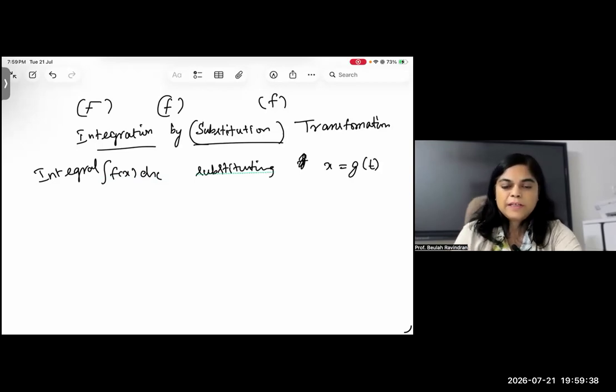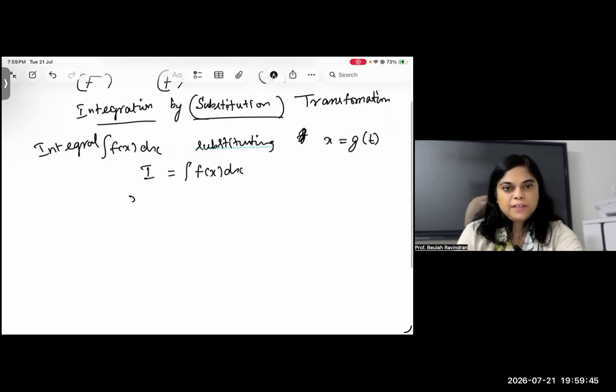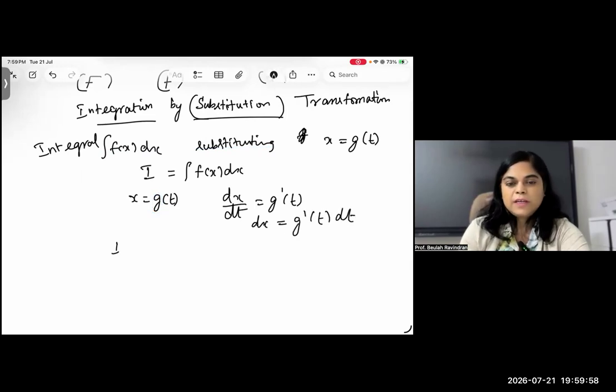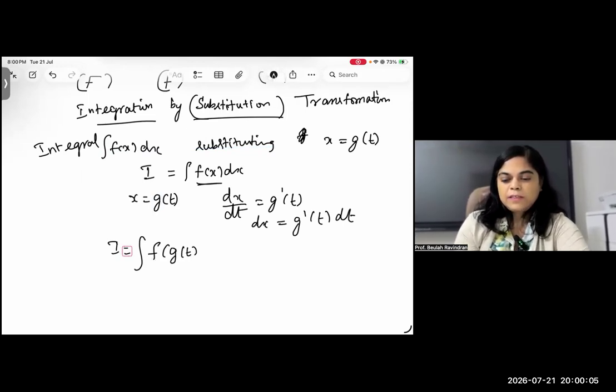That means if you are considering the integral I equal to integral of f of x dx, putting x equal to g of t, so that dx by dt equals g prime of t, right? So dx is equal to g prime of t into dt. You are going to substitute f of g of t in the place of f of x, and dx can be written as g prime of t into dt.